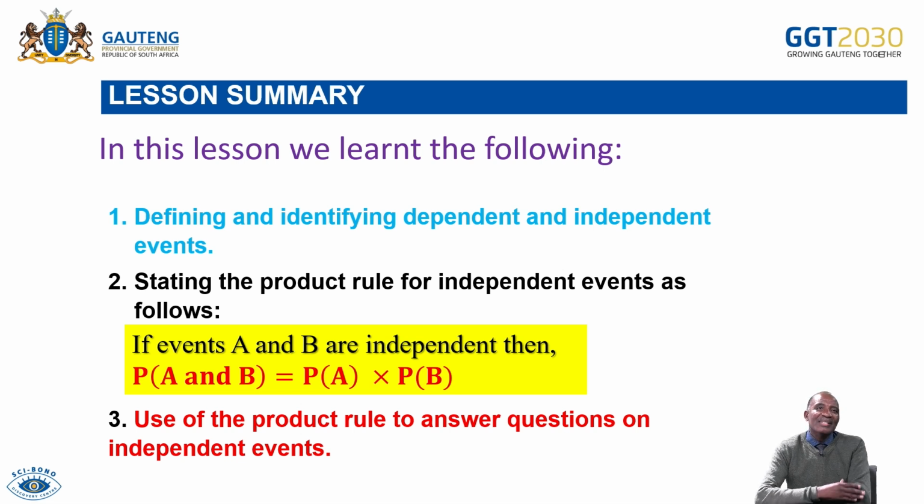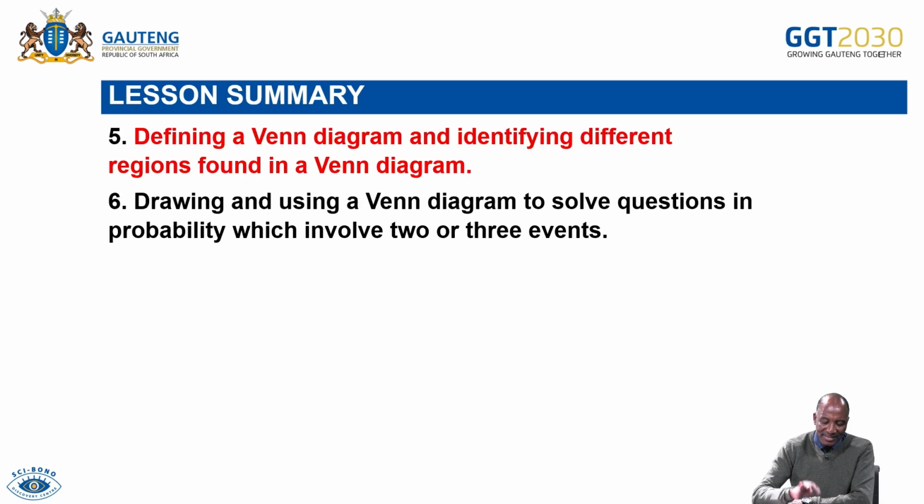But otherwise, in this lesson, we learned the following: defining and identifying dependent and independent events, stating the product rule for independent events as follows. If events A and B are independent, then the probability of A and B is the same as the probability of A multiplied by the probability of B. We use the product rule to answer these questions on independent events.